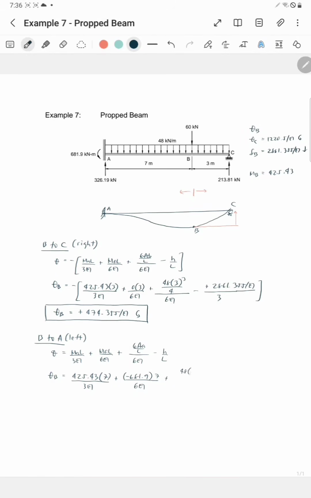So W is 48, L is 7, then cube over 4, then all over 6 EI minus H over L. So for H, we make a horizontal line from B to A and then measure the vertical distance towards A. The direction is upward, positive, and the vertical distance at A is equal to the deflection at B, 2,861.355 over EI. So the theta B is equal to positive 474.355 over EI, counterclockwise.